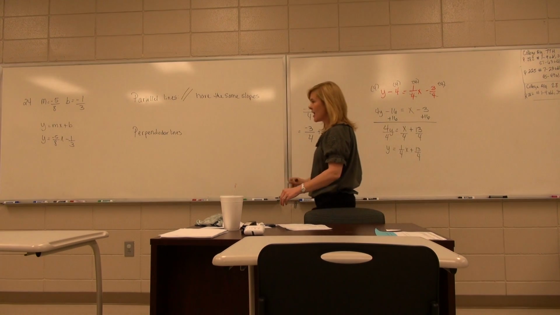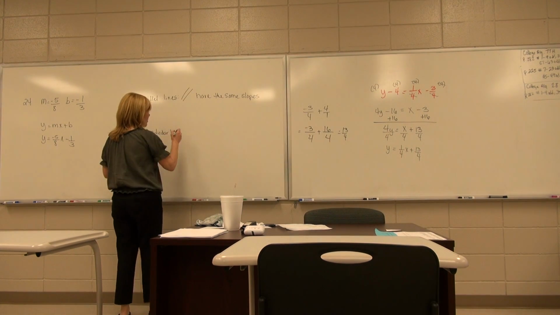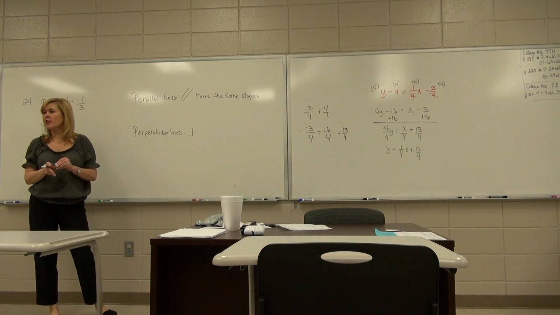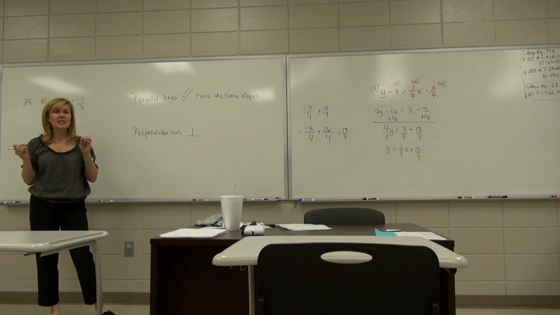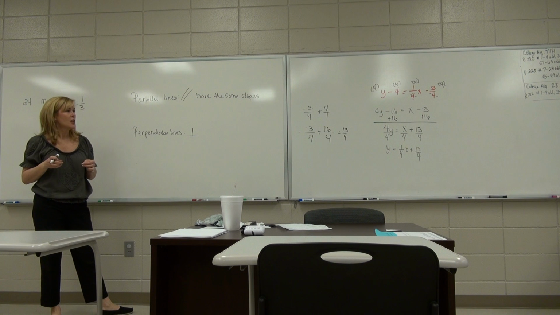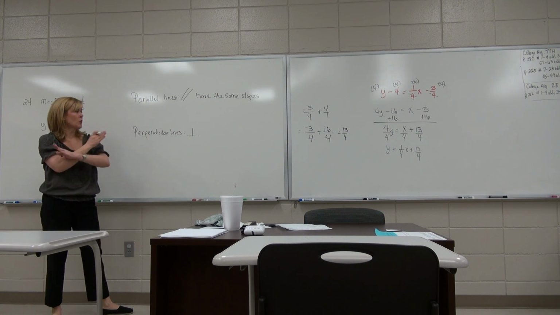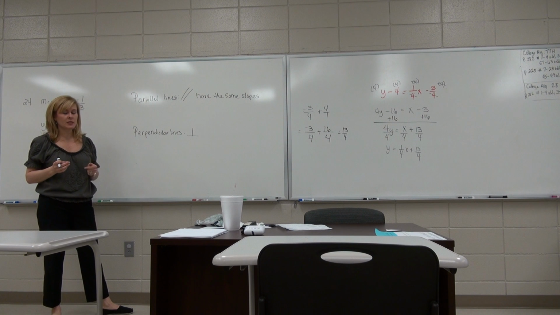Now, perpendicular lines, the notation we use for those is like an upside down T. Because perpendicular lines, they do intersect. And they intersect and form perfect 90-degree angles. So their lines are always going to look like a cross. It'll be shifted one way or the other, but it'll always look like a cross.